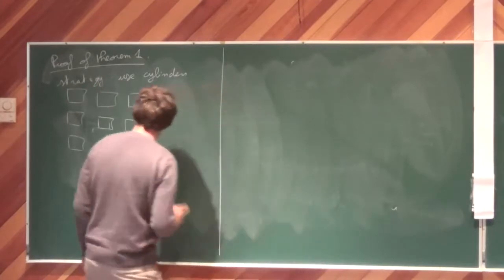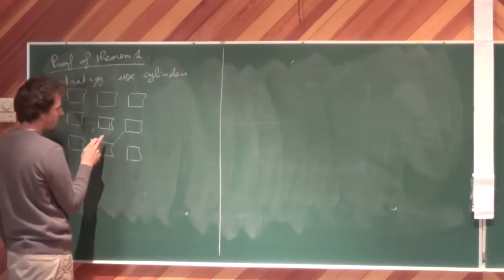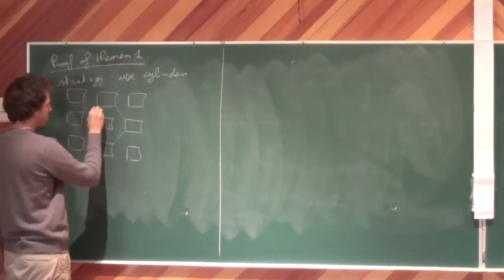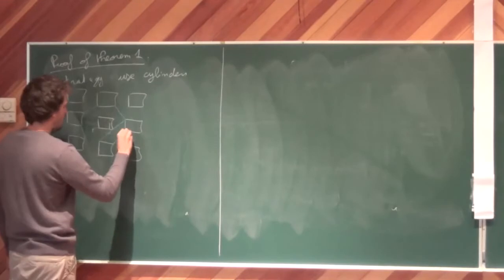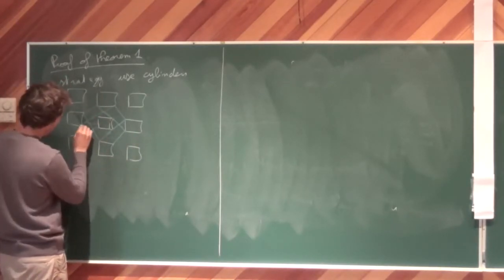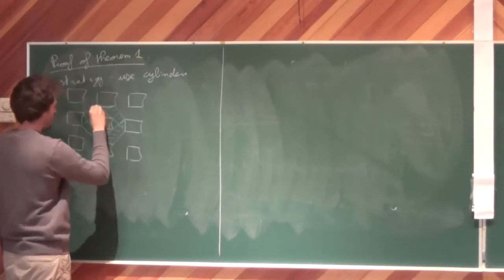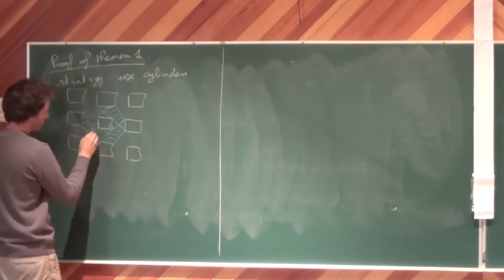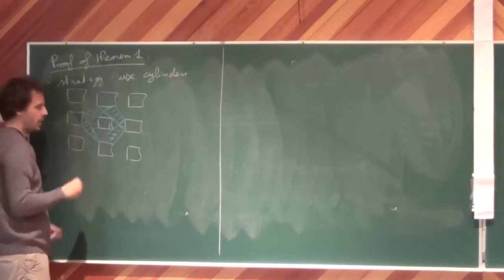If you pick the direction 45 degrees, what you see is that all trajectories follow exactly a cylinder. The trajectory just makes something periodic.